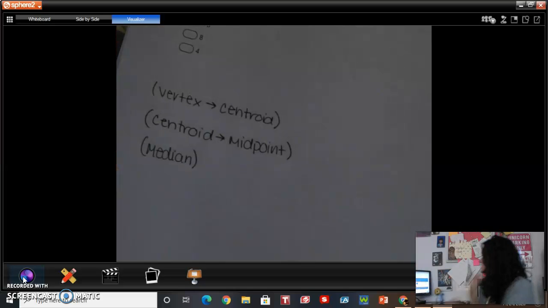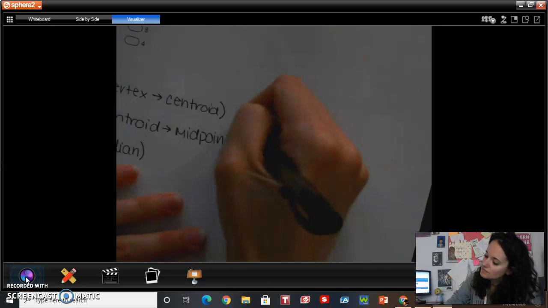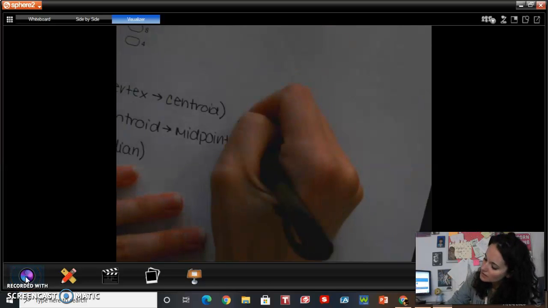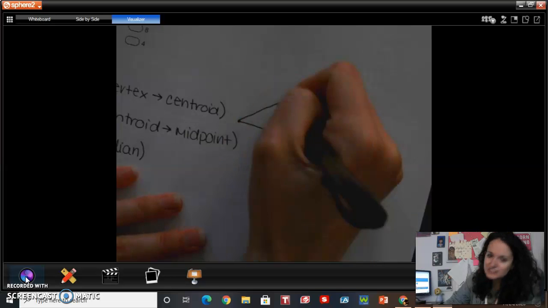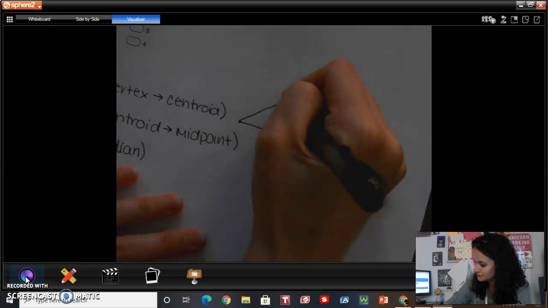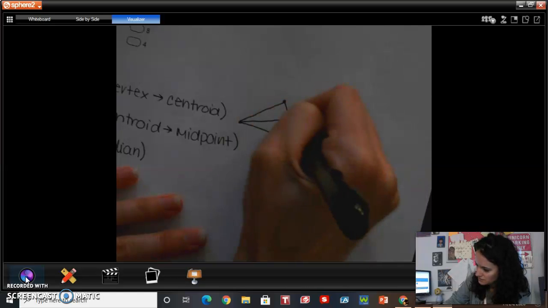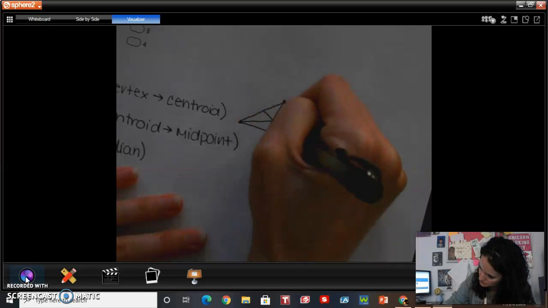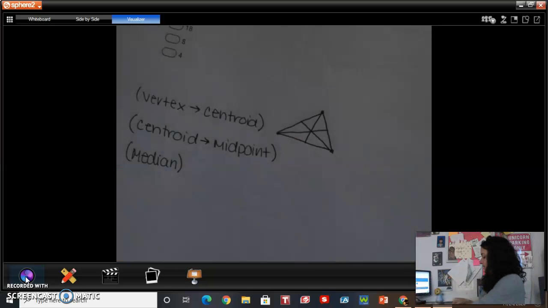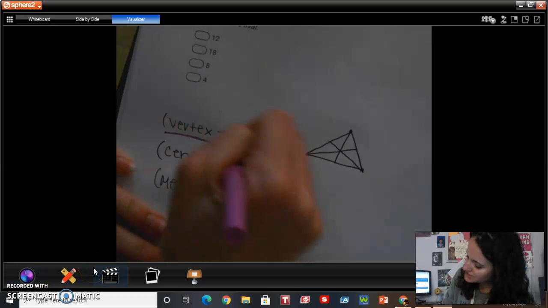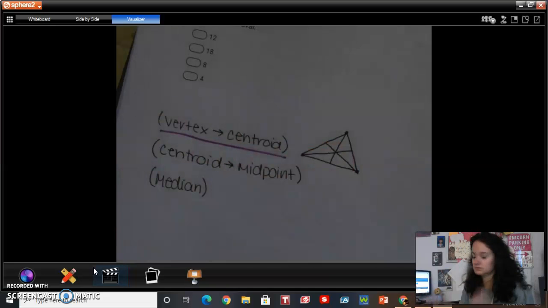Let me get some color. All right, so actually, yeah, that'll do. Okay, so just a reminder, I'm going to color code this the best I can. So vertex to centroid is going to be in this purple, it's more like magenta.